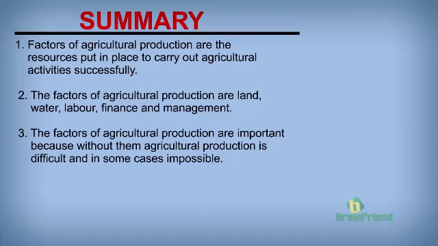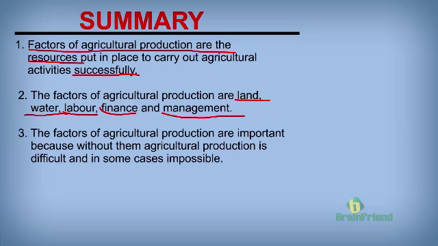In summary of all we have been discussing today, we said the factors of agricultural production are resources that are put together to make agricultural activities successful. We also mentioned that the factors of agricultural production are land, water, labor, finance, that is money, and management.